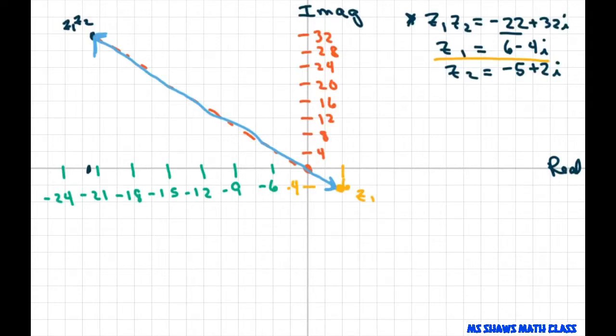Negative 5 is really close to negative 4, and then we go up 2, so it's halfway up here. From here to there, about like that, and this would be Z2. And that's your Argand diagram.